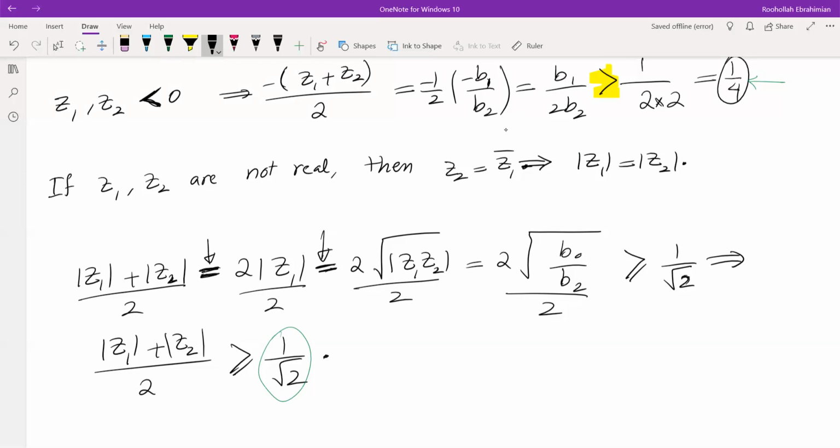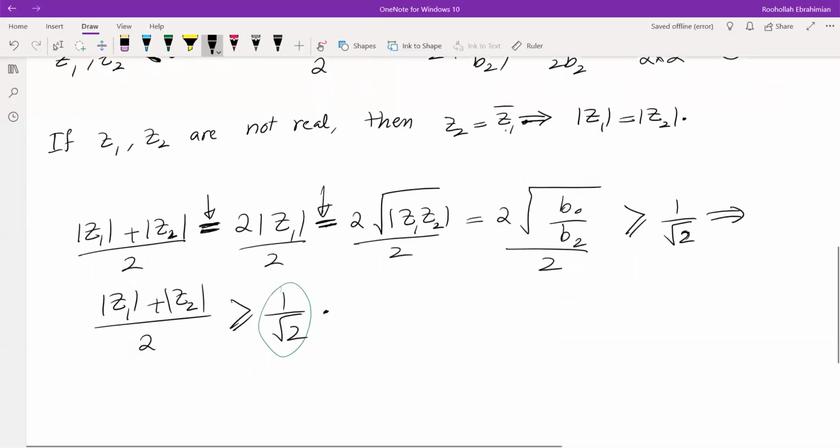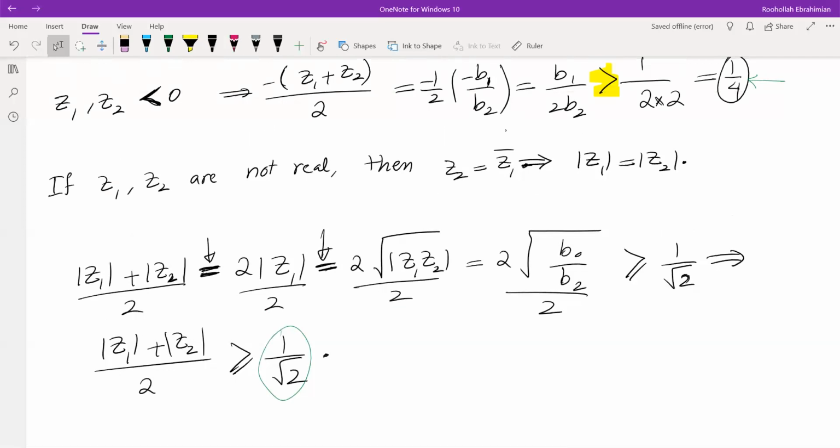I mean, it may not happen in this case, but you could have 2 roots that are negative, but they don't have absolute values that are the same. So I can't really say that this is equal to twice the absolute value of Z1.